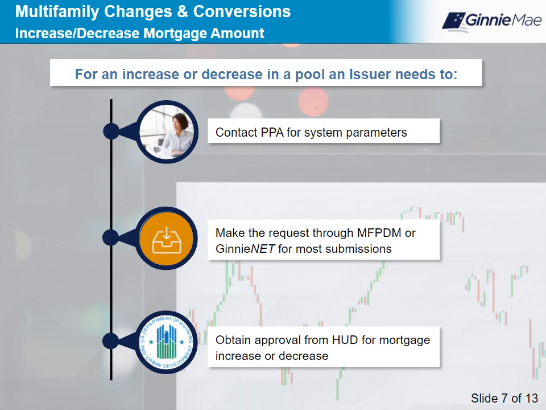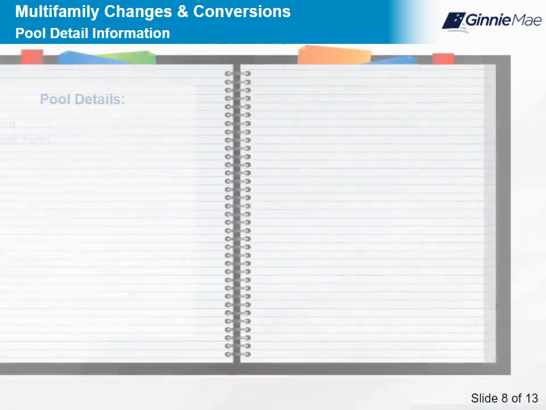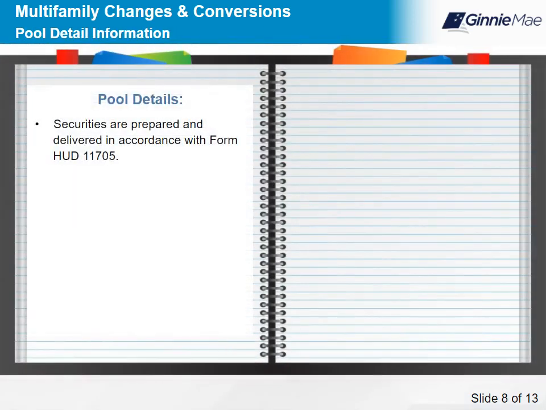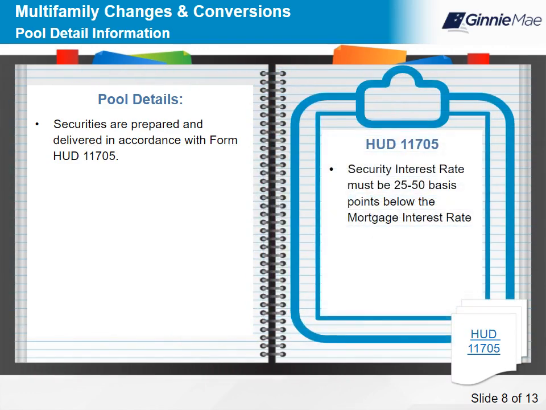Select Next to continue. Securities are prepared and delivered in accordance with instructions provided by the issuer on Form HUD 11705, Schedule of Subscribers and Ginnie Mae Guarantee Agreement. HUD 11705 prescribes that the security interest rate to be 25 to 50 basis points below the mortgage interest rate collateralizing all multifamily pool types, except for LS.